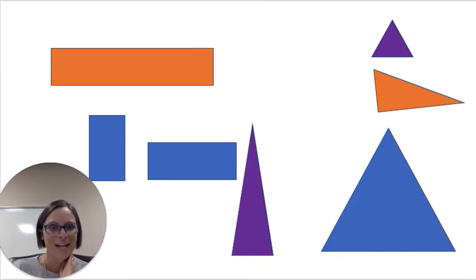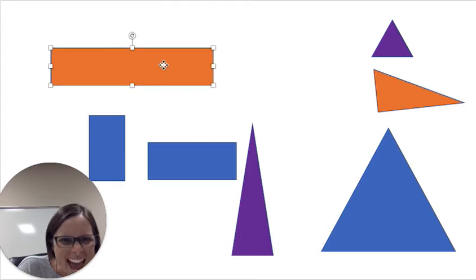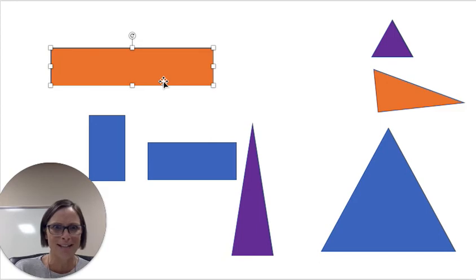Yeah, so if that's the case, I'm guessing a rectangle has 4 straight sides and 4 vertices or corners. So this must be a rectangle. Do you see any other rectangles? 3 again? Look at this one's sitting on its side, but it's still a rectangle, isn't it? 1, 2, 3, 4 sides and 1, 2, 3, 4 corners.